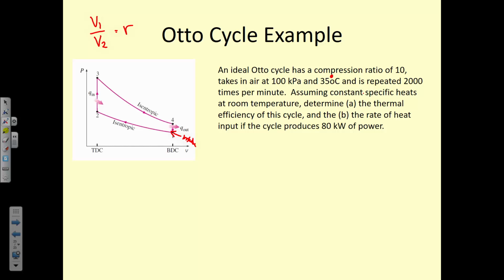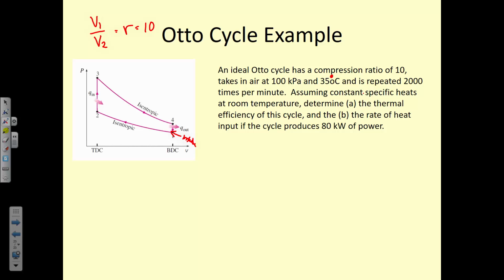So you'll find this will be a nice break from some of the things that we did previously. Not that one, I have to find it. Because these problems in Chapter 9 so far are going to be easier than what you encountered in Chapter 8. Okay, so our compression ratio is given to us as 10.